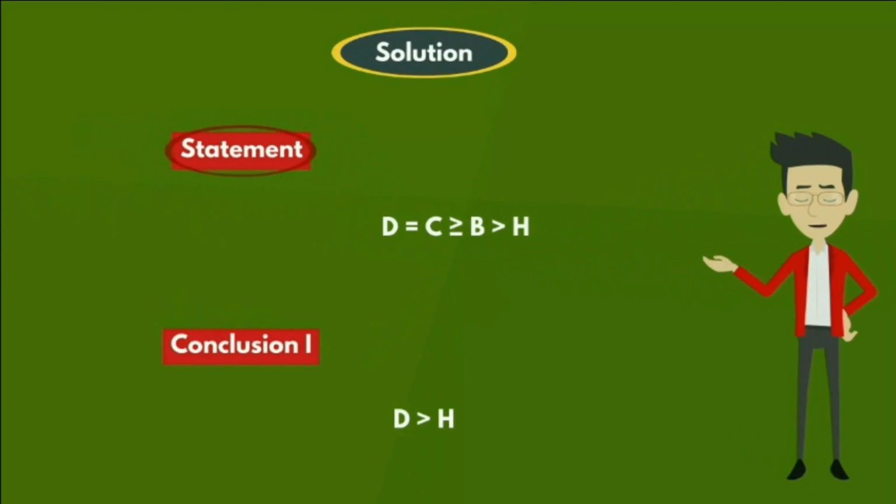So here D is equal to C greater than or equal to B greater than H. We can say that D greater than H. So conclusion 1 is true.